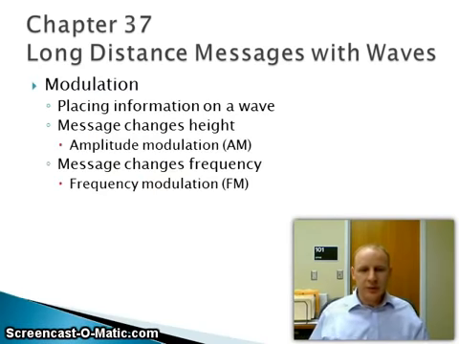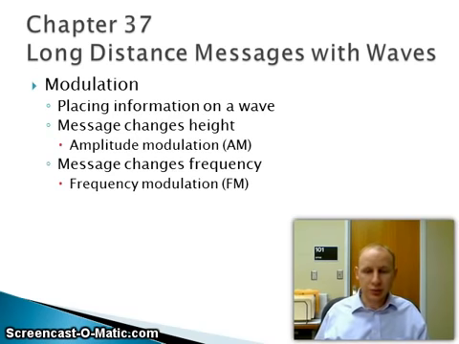So as I mentioned before, we can use a process called modulation to put information on a wave. One of the first ways that this was used was with amplitude modulation and frequency modulation. You're familiar with the term AM radio or FM radio, which all goes back to the type of information put on this electromagnetic wave.